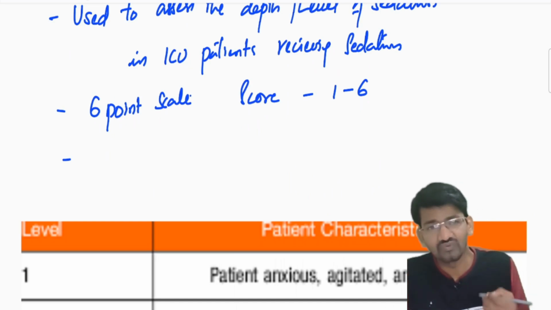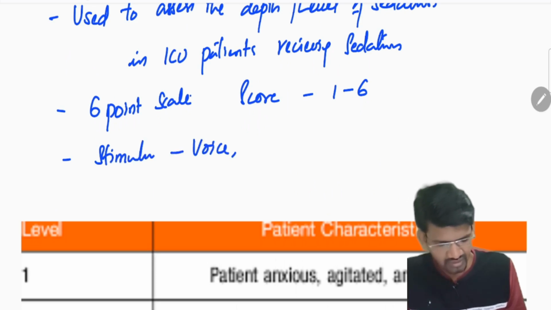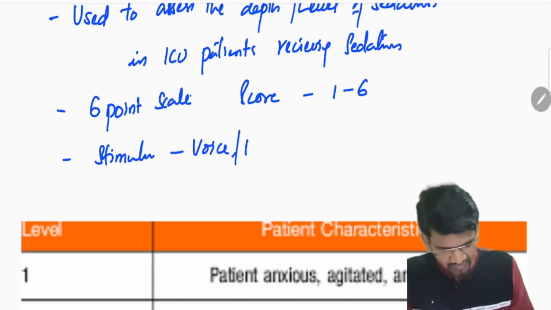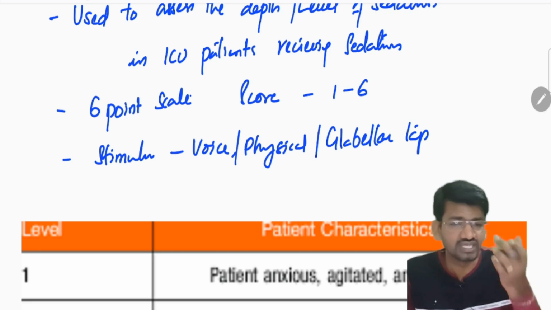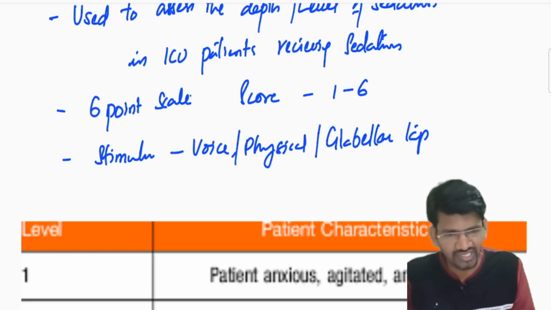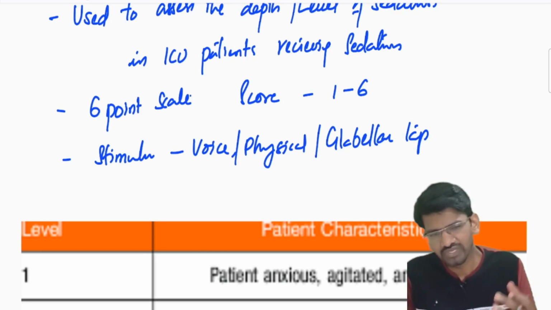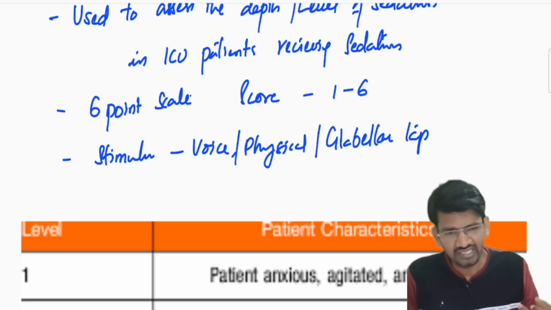The stimulus they use is a voice command, or else a physical stimulus, or a glabellar tap. A glabellar tap means they tap over here, this glabellar area. Or else they give a voice command. To that stimulus, based on how the patient responds, they assess the level, again by voice command and physical touch.